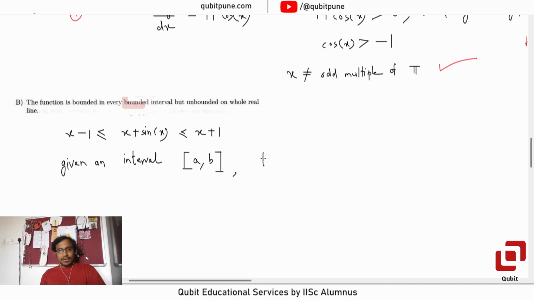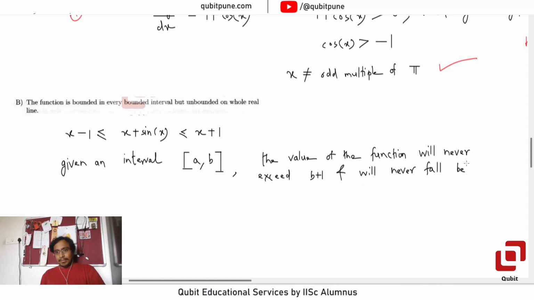The value of the function will never exceed B plus 1 and will never fall below A minus 1. Raise your hands if you have understood this.